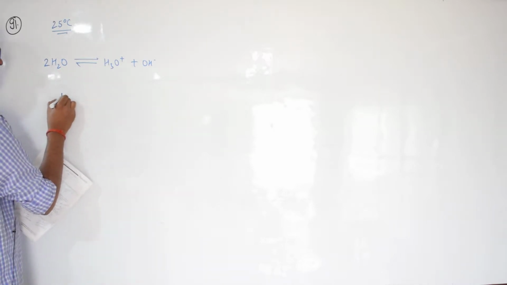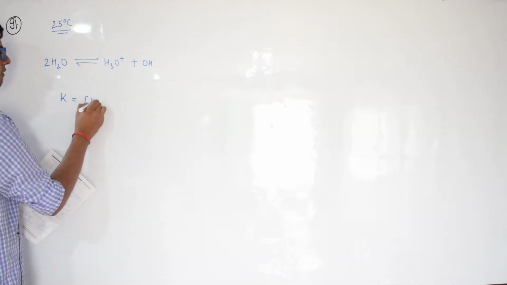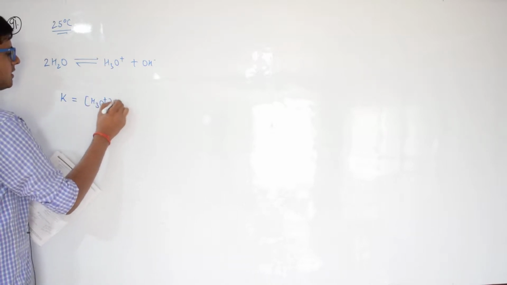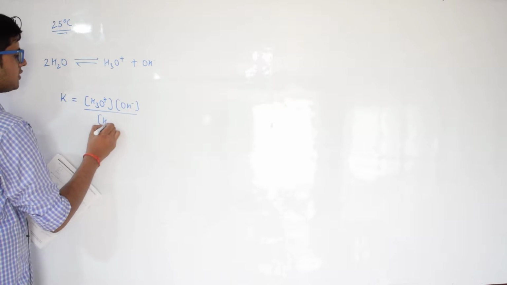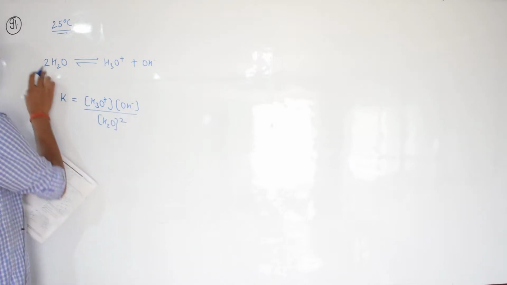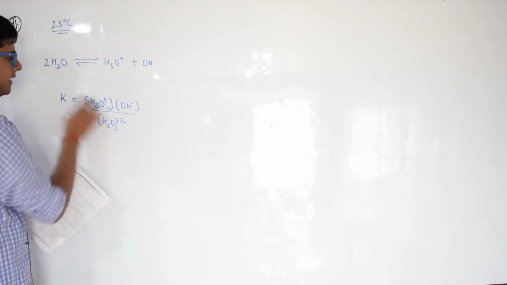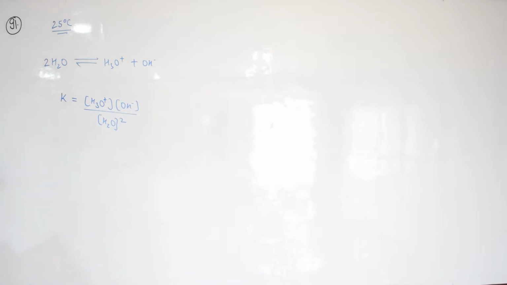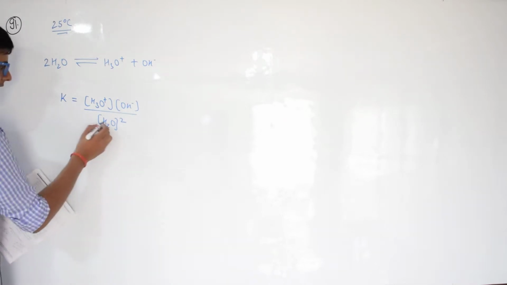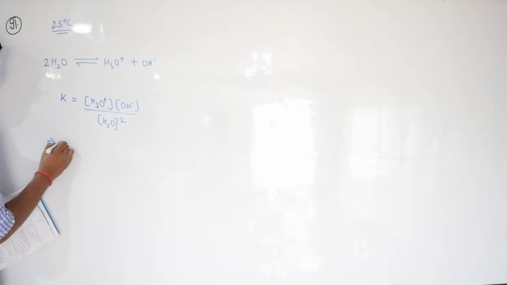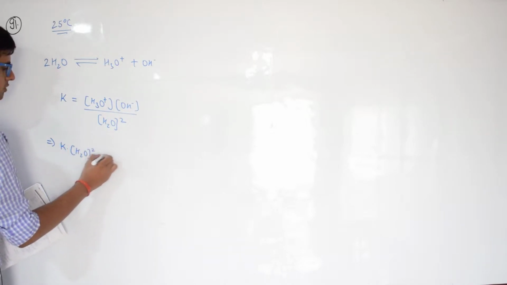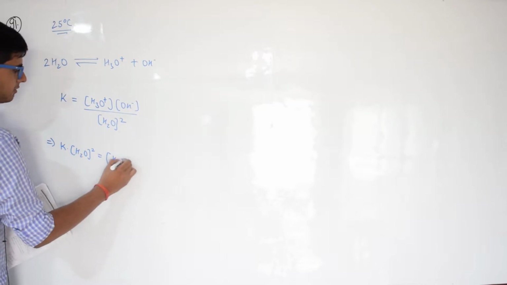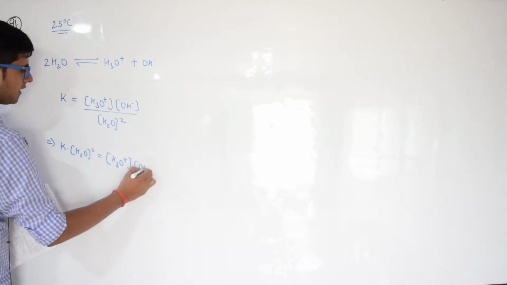If we write K is equal to concentration of hydronium ion, concentration of OH minus ion upon concentration of H2O raised to the power 2, because we have a stoichiometric coefficient 2 over here. When we multiply this with K, H2O whole square, we get concentration of hydronium ion and concentration of hydroxyl ion.